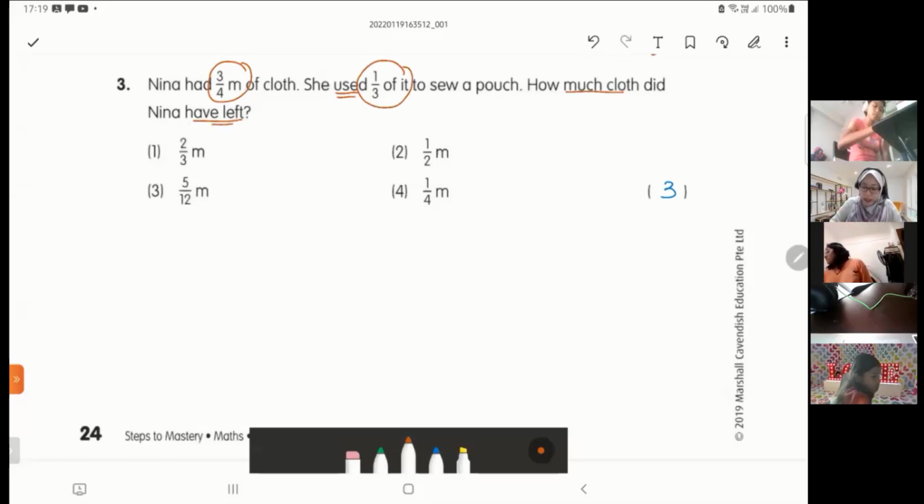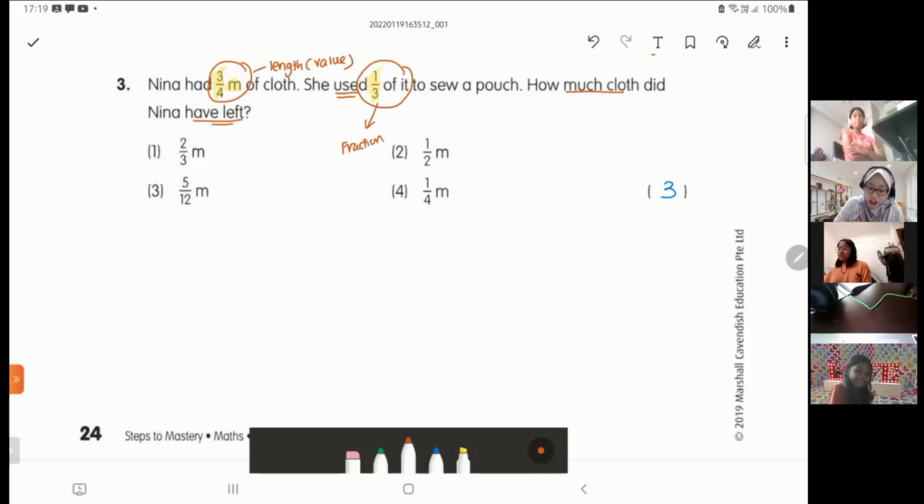I want to bring to your attention, some of you will be very confused. Look at the first fraction, 3 out of 4 meters. This fraction tells me the length of the cloth, which means this is the value that's given. However, 1/3 is just a fraction. Can you see the difference or not?